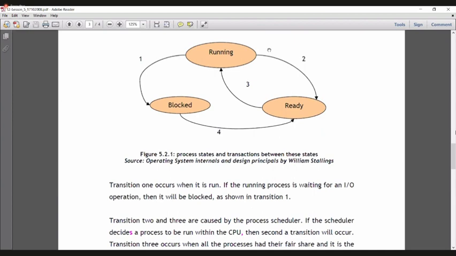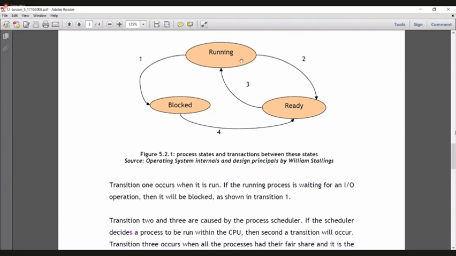Similarly, you can explain transition 2. Transitions 2 and 3 are caused by the process scheduler. So the scheduler picks one from ready state to running state.